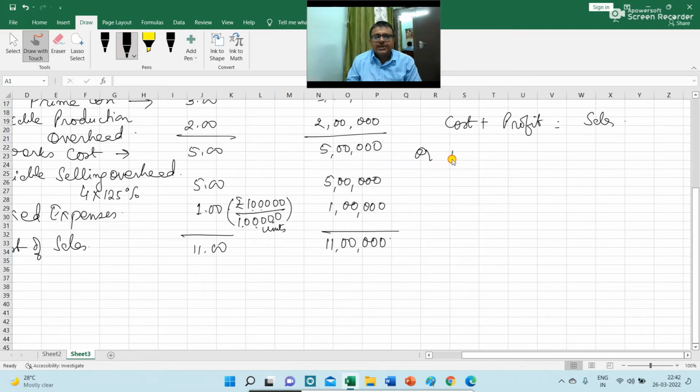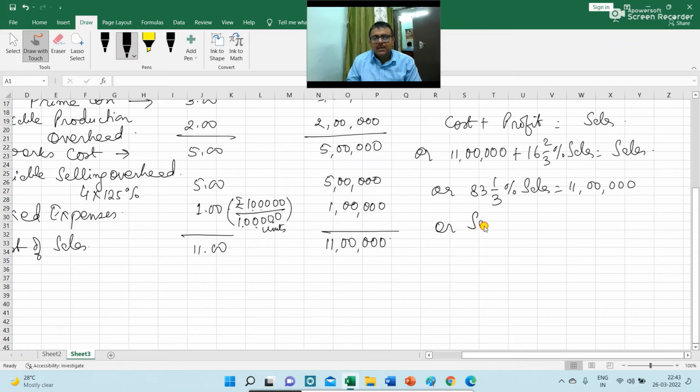Now we have calculated the cost to be 11 lakh, plus profit is 16 2/3% of sales is equal to sales, or 83 1/3% of sales is rupees 11 lakh, or sales is equal to 11 lakh divided by 83 1/3%, which is rupees 13 lakh 20,000.